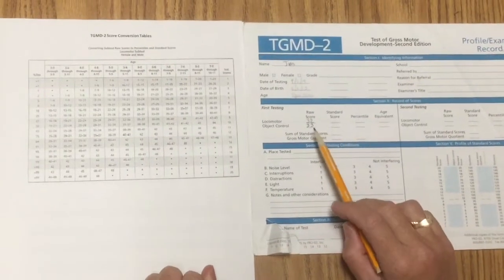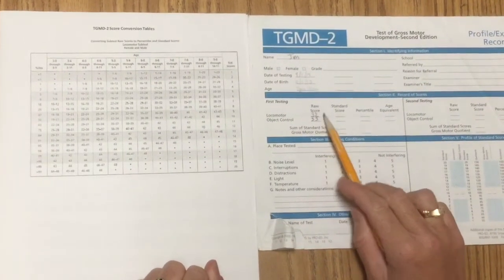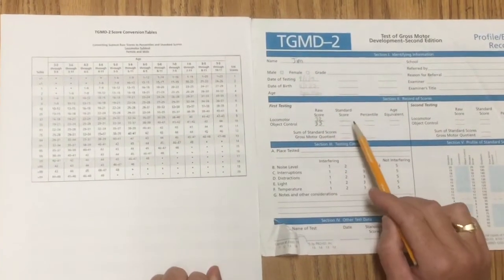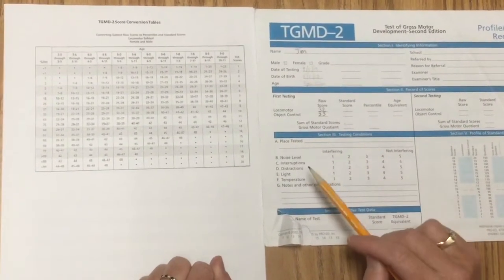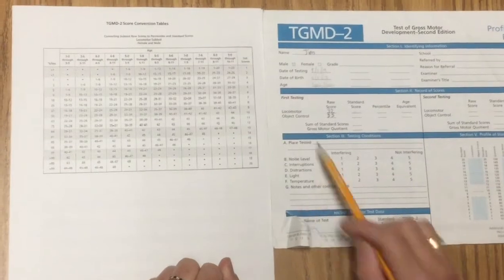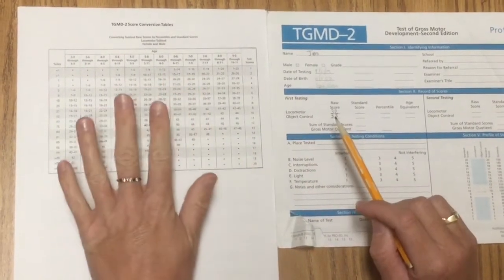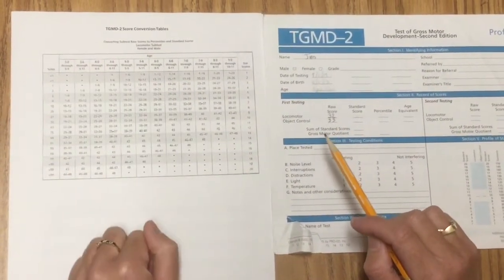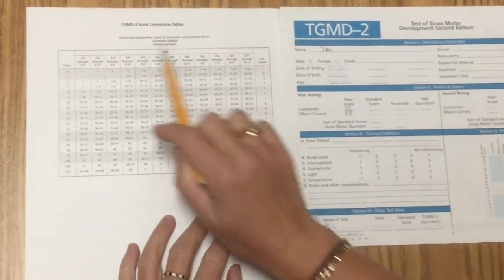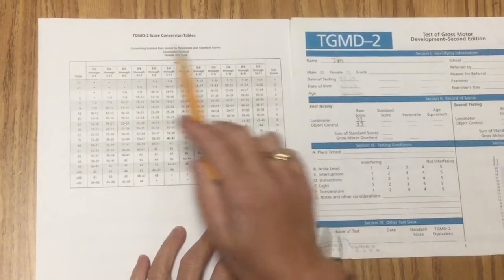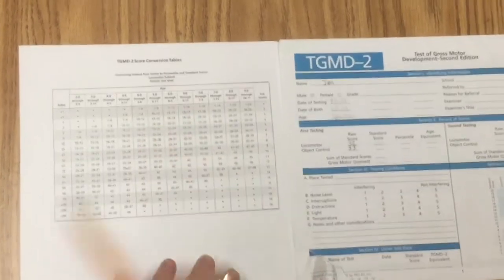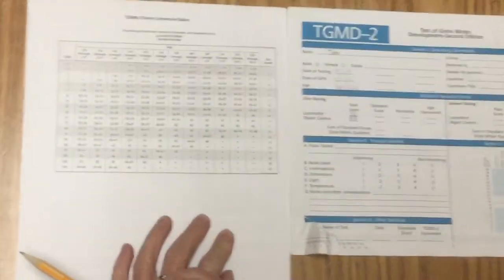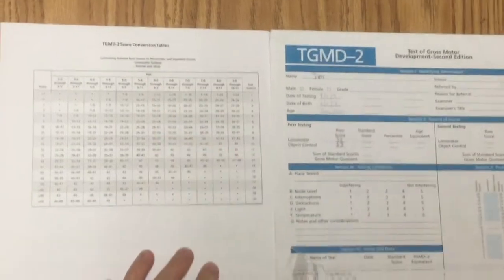So we're now going to take the raw score and convert that into the standard scores. For the TGMD-2, locomotor is the same for male and female. So we're going to look at converting subtest raw scores to percentiles and standard scores, locomotor subtest female and male.